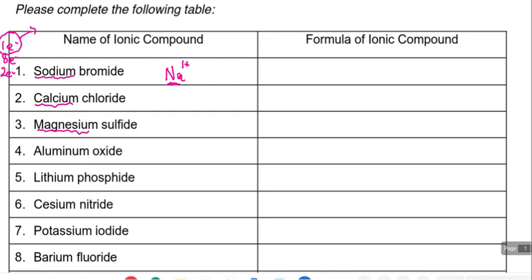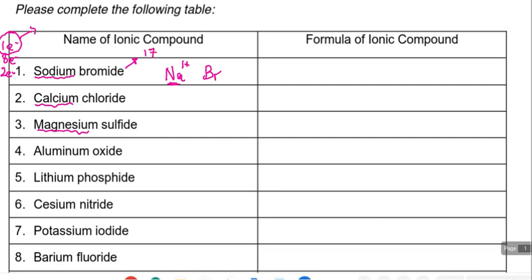If I take a look through the periodic table now and find bromine, bromine is on the other side of the periodic table. Its symbol is Br. The atomic number is 35, so it should have 35 electrons as well, but I don't need to worry about how many electrons there are. I just take a look at the fact that it's in group number 17.